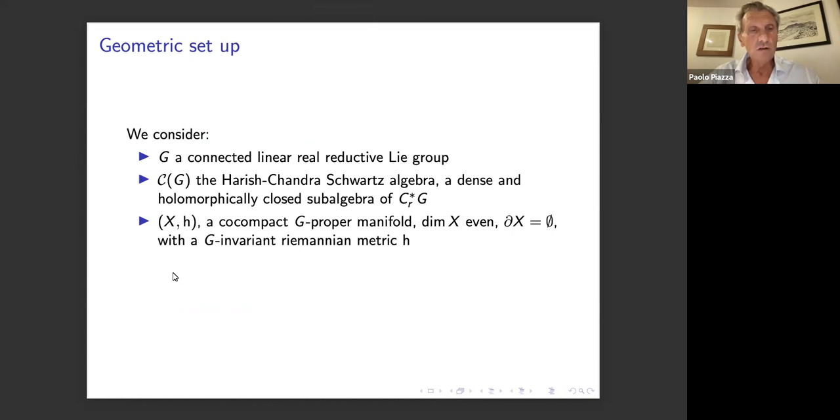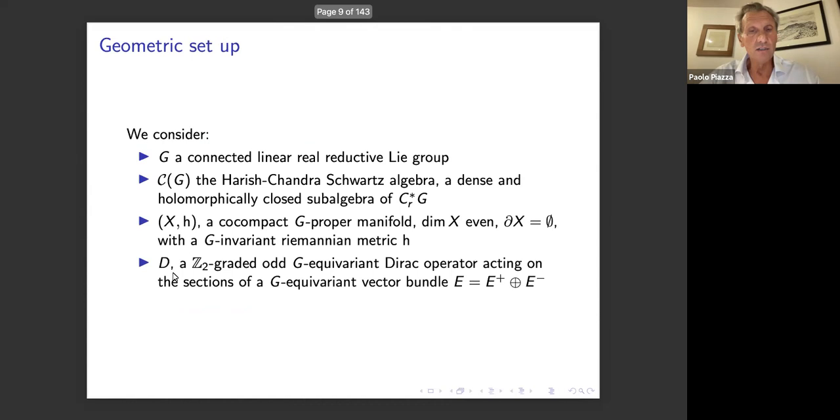And we are considering a co-compact G-proper manifold without boundary for the time being, and with a G-invariant Riemannian metric. We are also considering a Z2 graded G-equivariant Dirac operator, and our goal is to extract some invariants out of this operator using cyclic cohomology.